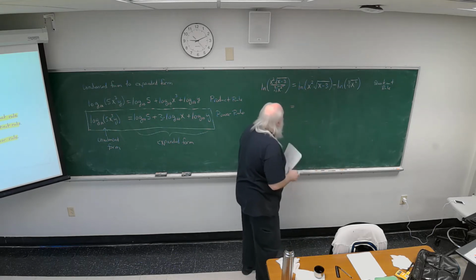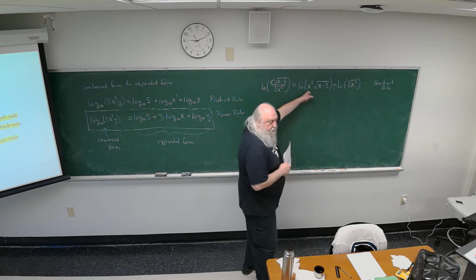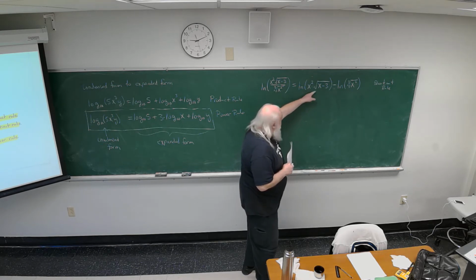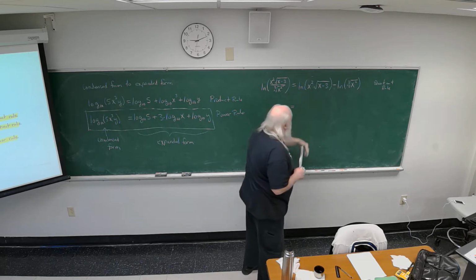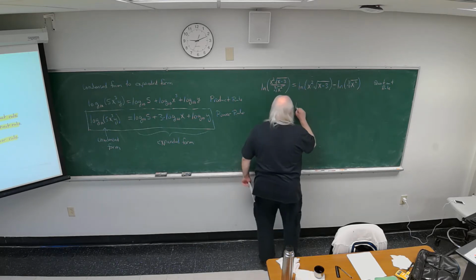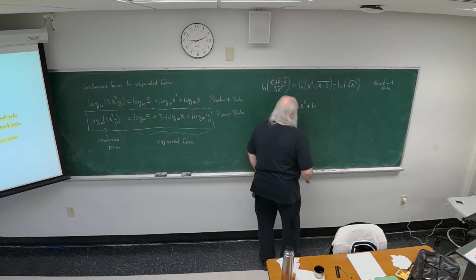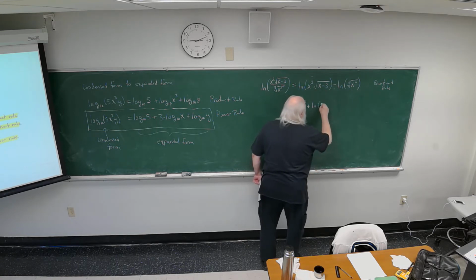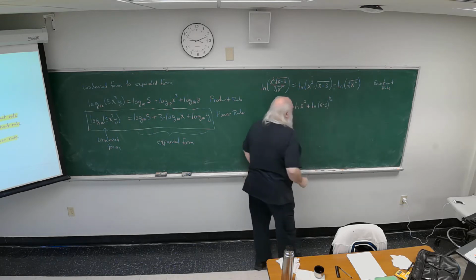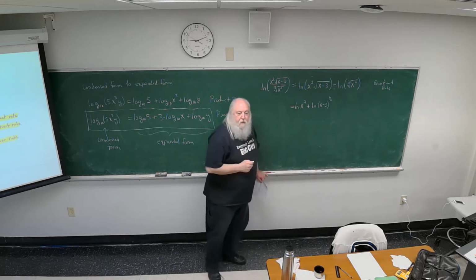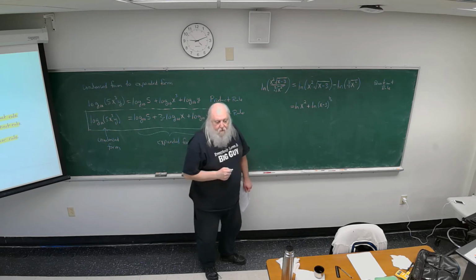Now, the argument going into the natural log function here is a product, so we can expand this using the product rule. This is equal to the natural log of x squared plus the natural log of the square root of x minus 3. But I can write the square root of x minus 3 as x minus 3 to the 1/2 power. 1/2 power means square root.